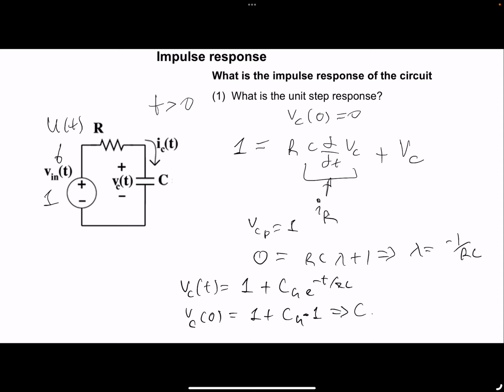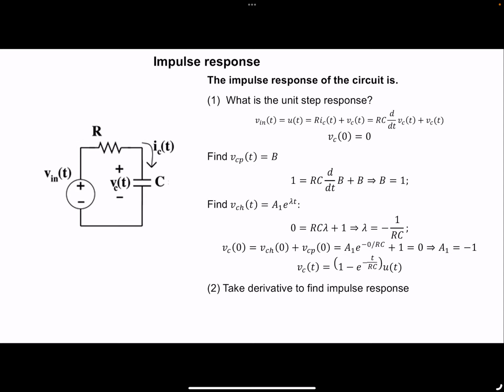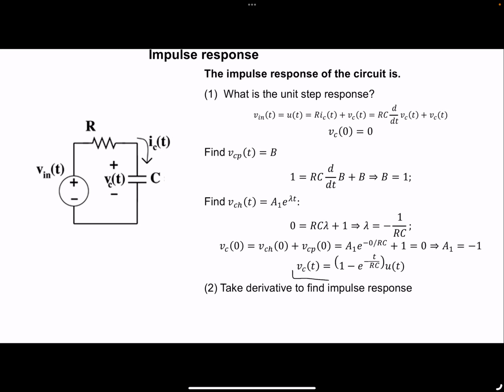So that gives us that C homogeneous equals negative 1. And so now we have the step response. So here's the step response we got from this circuit.